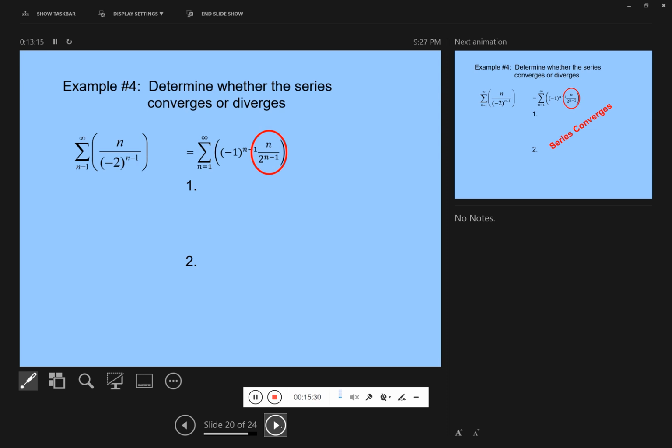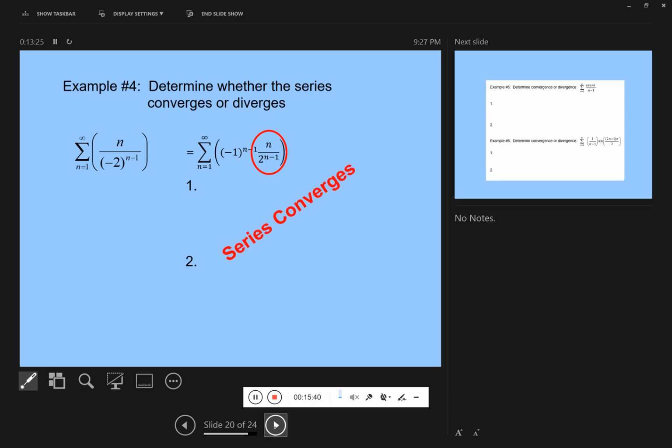If you have a linear over an exponential, isn't that always going to be a converge? So in this case, because it was a converge without even alternating, that means automatically the whole thing is a converge. Okay, so the alternating really only comes into play and becomes a question if the original would have been a diverge, but now maybe by alternating it can become a converge.